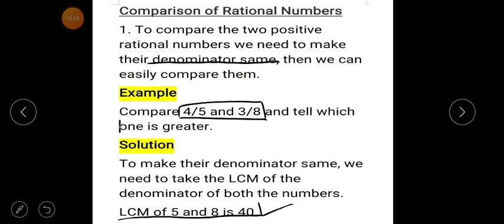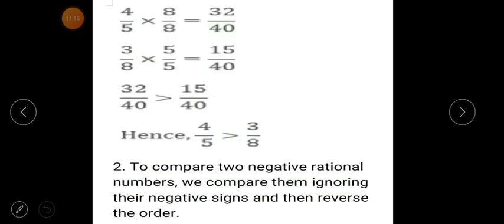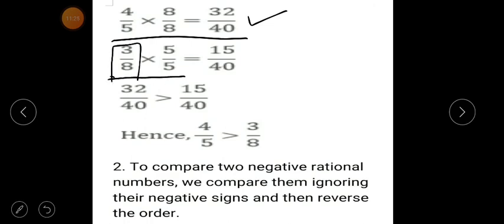To make this 5 as 40, we have to multiply this number by 8 by 8, and to make this denominator 40, we have to multiply this number by 5 by 5. So multiplying 4 by 5 by 8 by 8, we get 32 upon 40, and multiplying 5 by 5 to 3 upon 8, we get 15 upon 40.